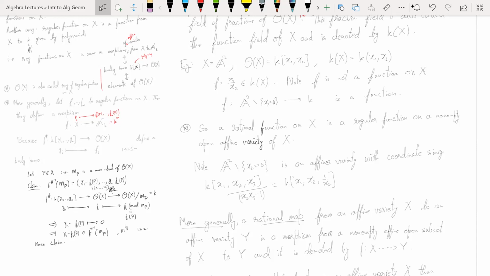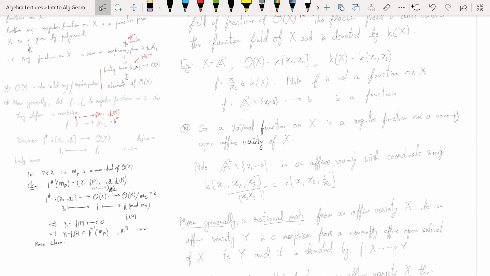Its coordinate ring is K[x1, x2, 1 over x2]. So you can give a homeomorphism from this surface, which is in 3 space, to A2 minus x2 equals 0. You just project onto the first two components. That is the homeomorphism.